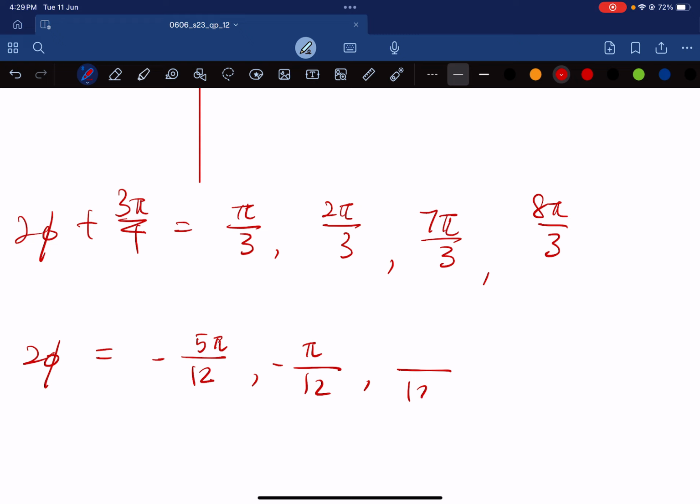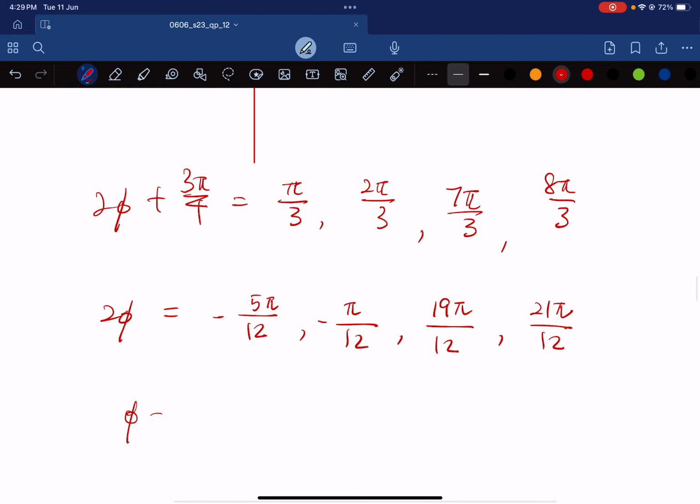This would be 12. 28 pi minus 9 pi. 28 minus 9 is 19 pi. This is 12 pi. 32 minus 9. 32 minus 1 is 21 pi. So phi would equal, divided by 2, is 24. Okay.